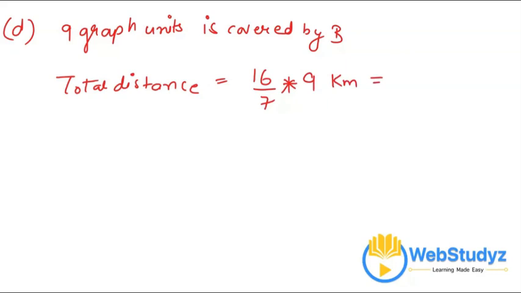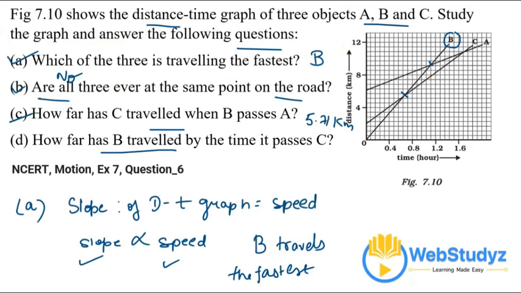So the answer here becomes, sorry, this was 4 by 7, not 16 by 7. So the answer here becomes 5.14 kilometers. I hope you have understood the question well.